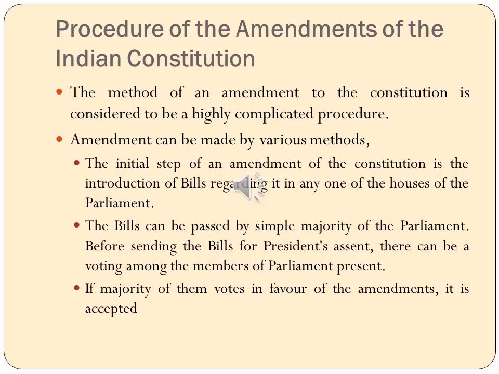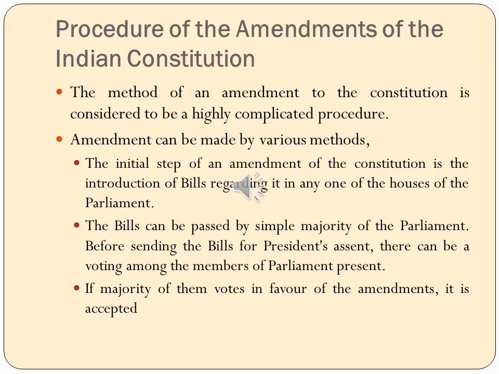There are many methods in which the amendments can be done, which have been modeled based on the South African Constitution. The initial step of an amendment of the Constitution is to introduce the bills regarding the amendment in any one of the houses of the parliament, that is either in the Lok Sabha or the Rajya Sabha. Then the bills can be passed by a simple majority of the parliament.